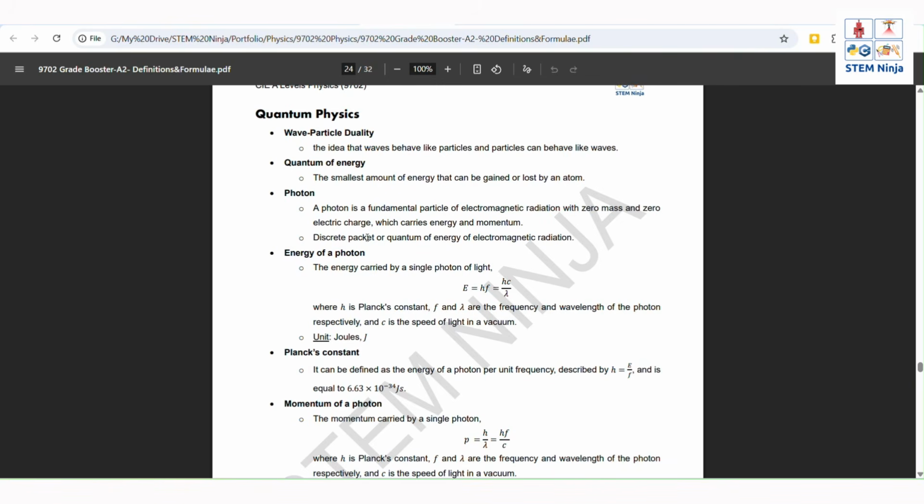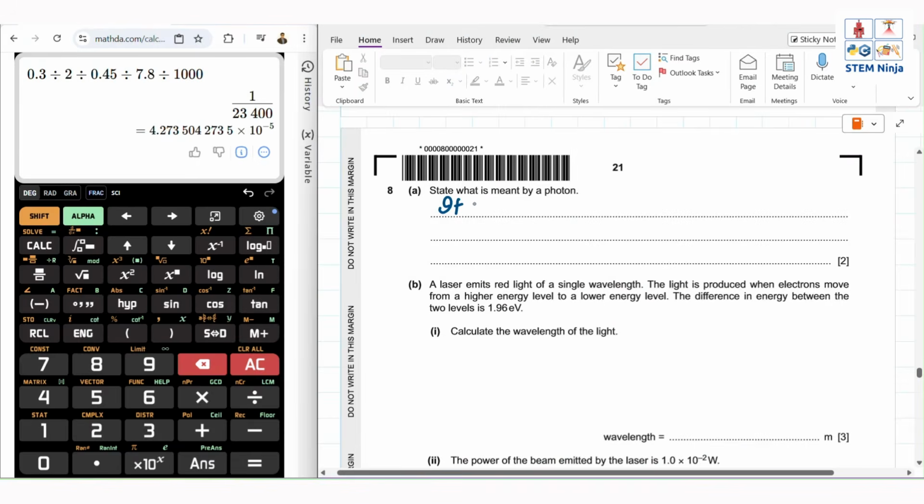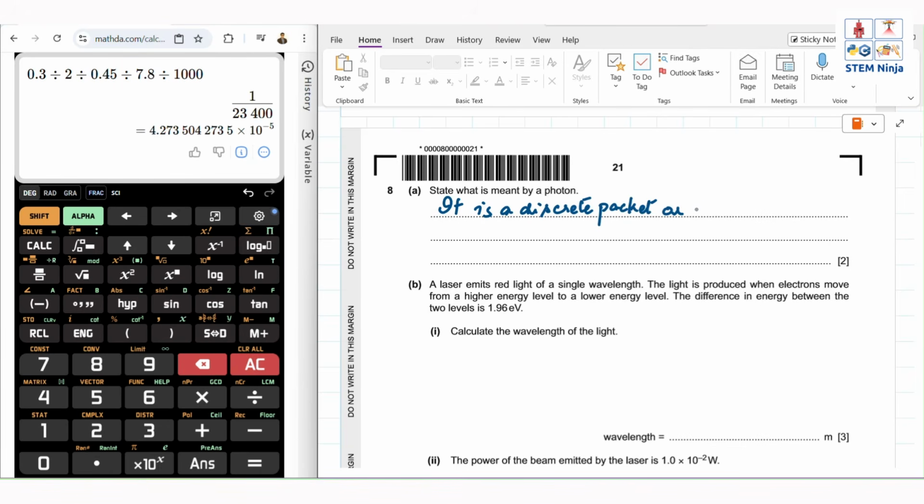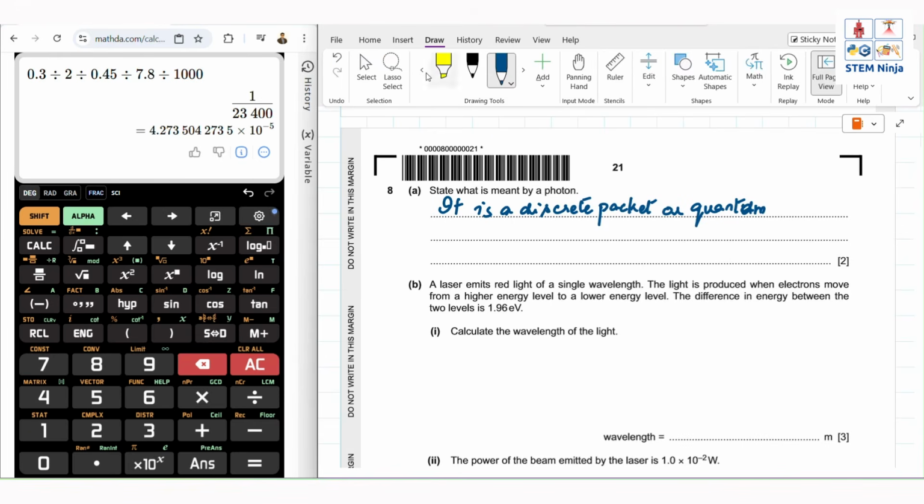But the better definition is: a discrete packet or quantum of energy of electromagnetic radiation.